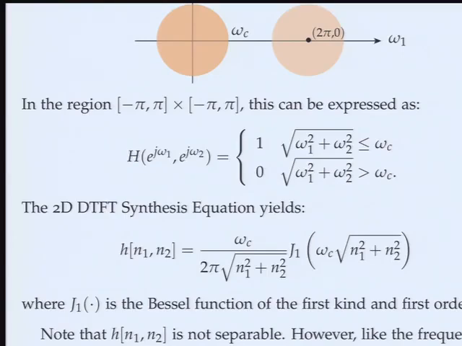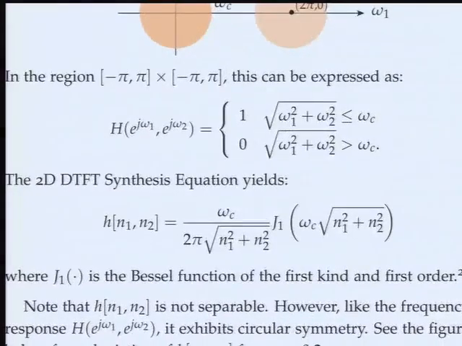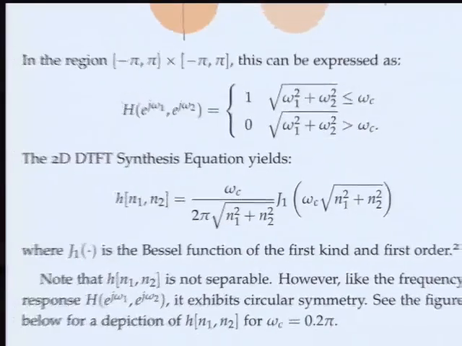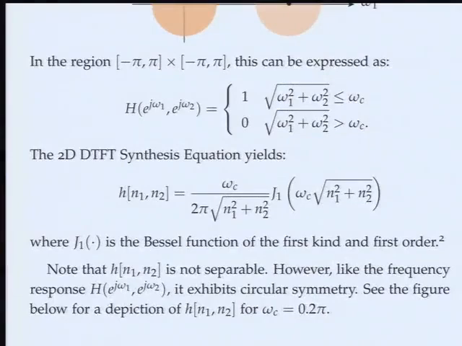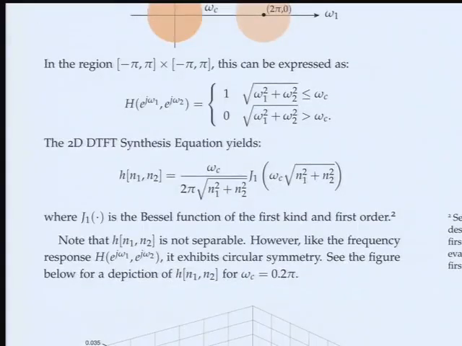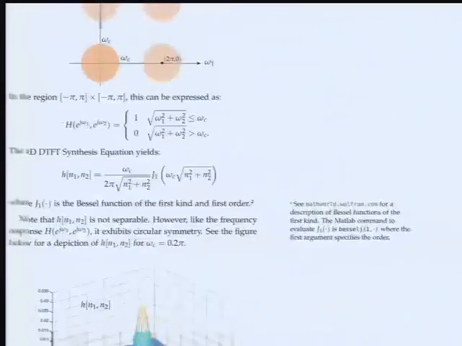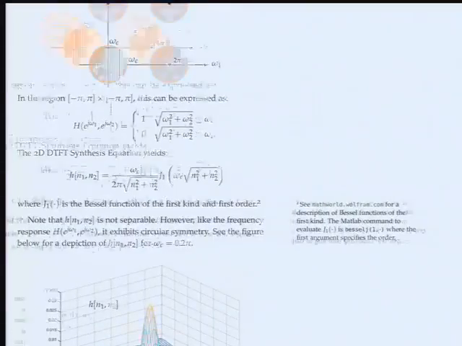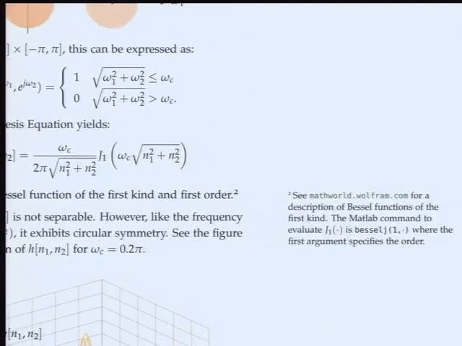That is not itself separable, obviously. And it depends on this weird function J1, which is called a Bessel function of the first kind and first order. If you want to know what that is, I'm not the person to ask. You have to go to wolfram.com and look up Bessel functions. Okay?